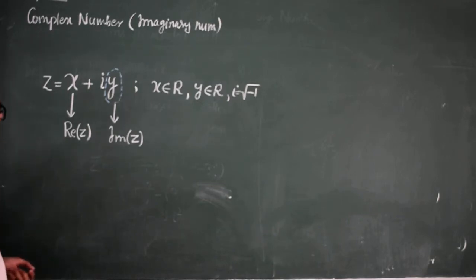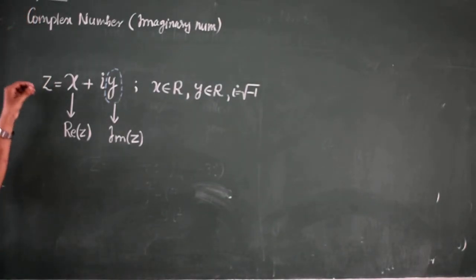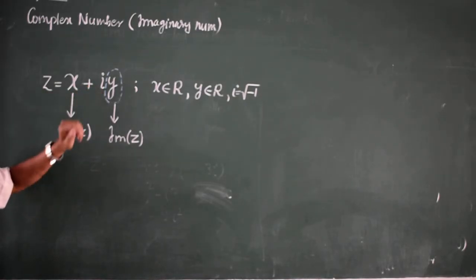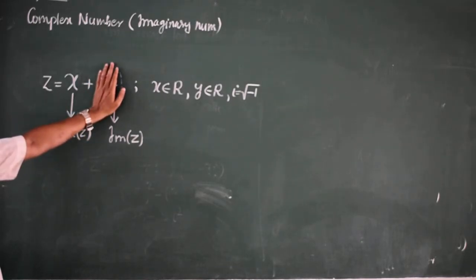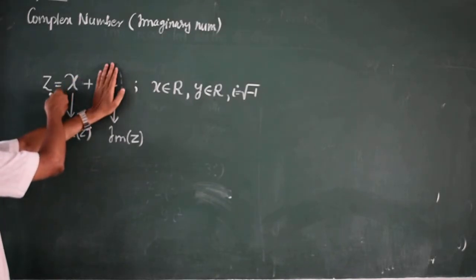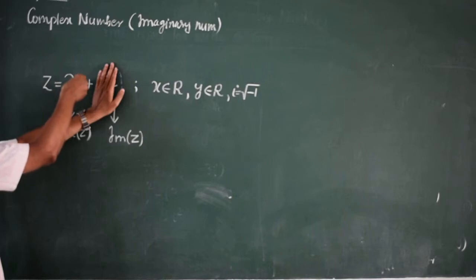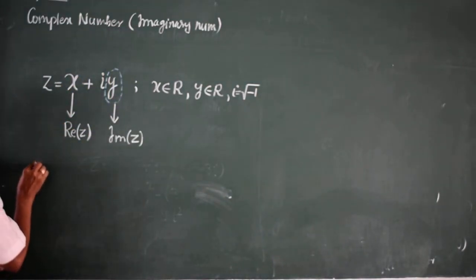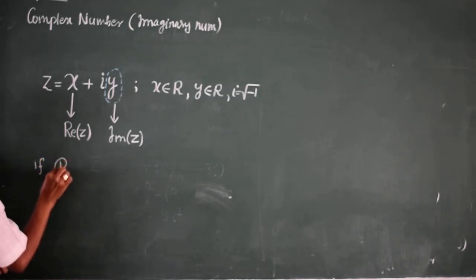Now, in general, a complex number has two parts, real part and imaginary part. If the imaginary part of the complex number is 0, then z is equal to x. Clear?